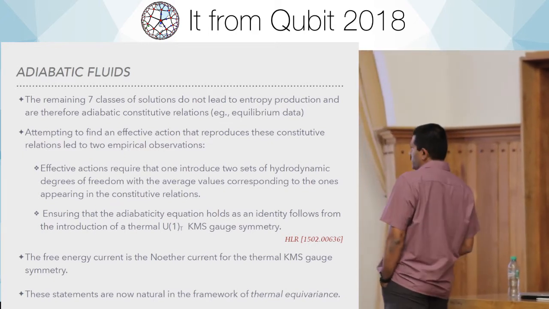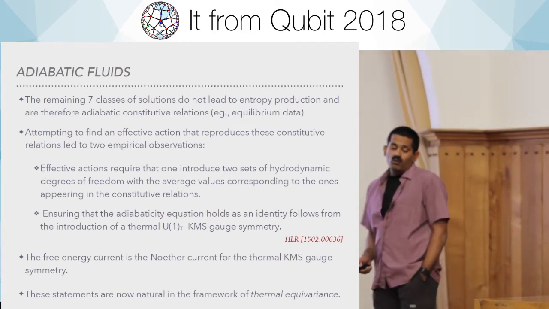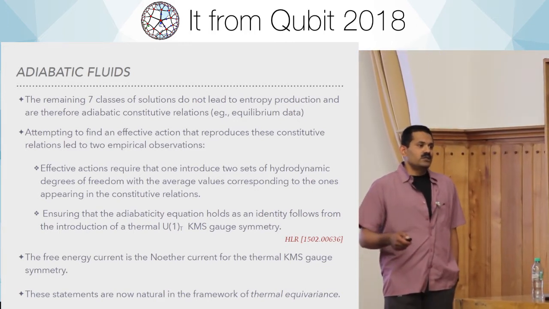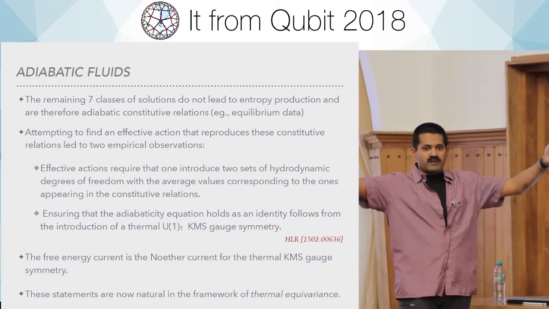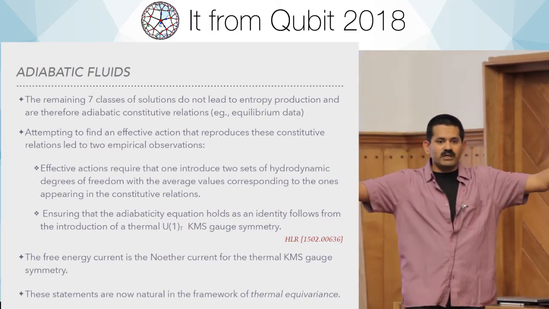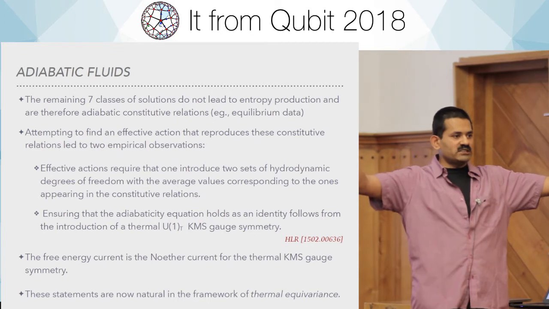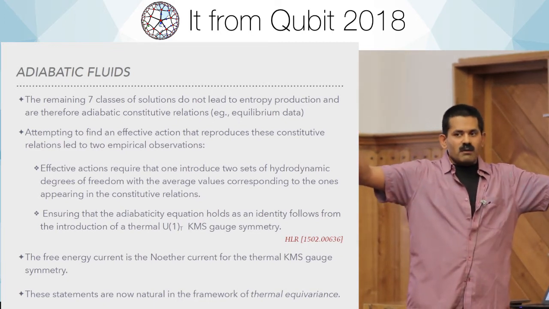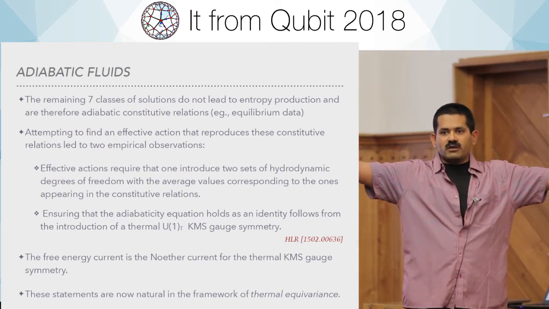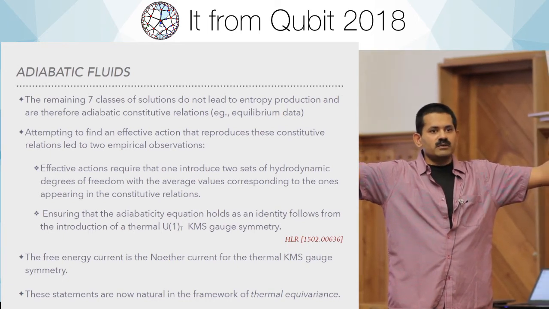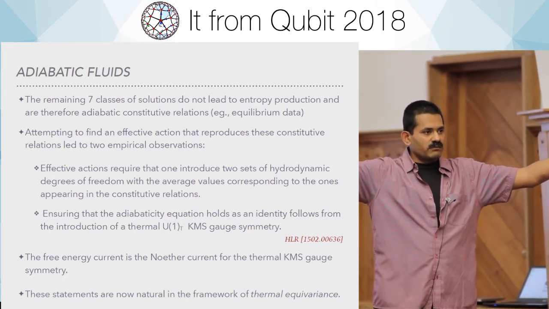We empirically noticed that the effective action works provided you work in an enlarged space of fields. You don't talk about one set of fluid degrees of freedom. You talk about 2 sets of fluid degrees of freedom. But the moment you enlarge your space of configurations to include 2 sets of degrees of freedom, you have far too much ambiguity.